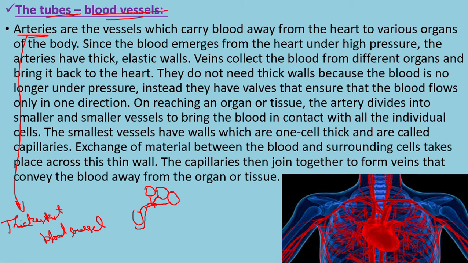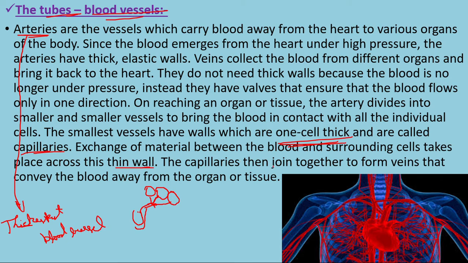On reaching an organ or tissue, the arteries divide into smaller and smaller vessels to bring the blood in contact with all the individual cells. The smallest vessels have walls one cell thick. So capillaries are one cell thick and are called capillaries. As I said before, exchange of material between the blood and surrounding cells takes place across the thin wall.